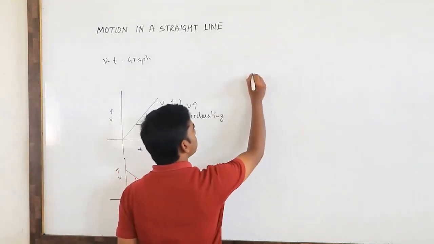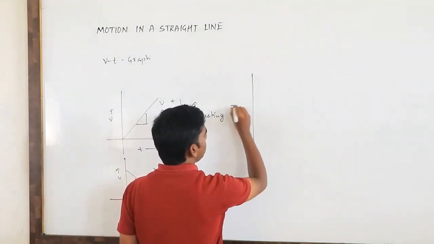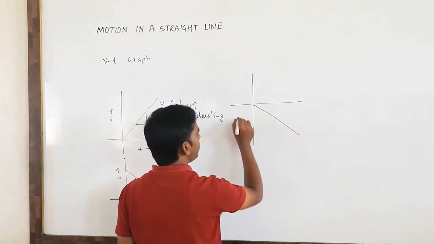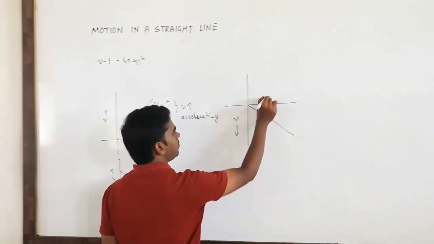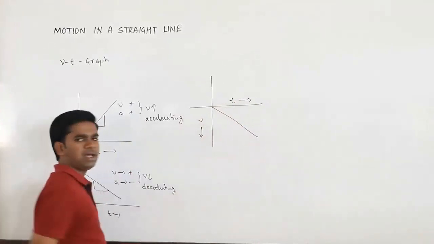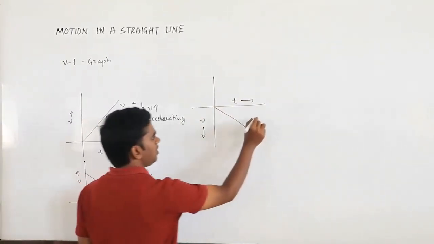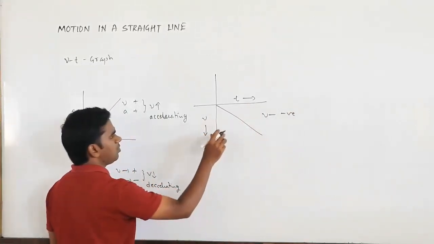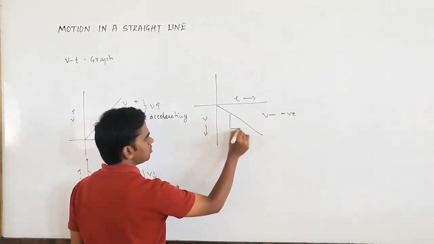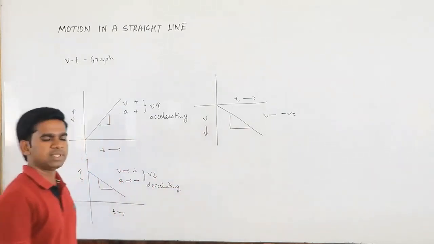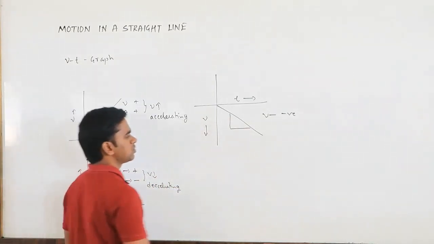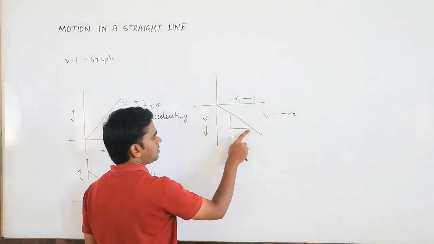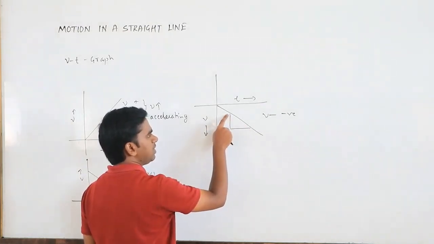Similarly, we have also discussed this one. If the graph is like this, velocity is already negative. Then what about acceleration? This is going to be your slope. The slope is V2 minus V1, that is minus of minus, plus V1.